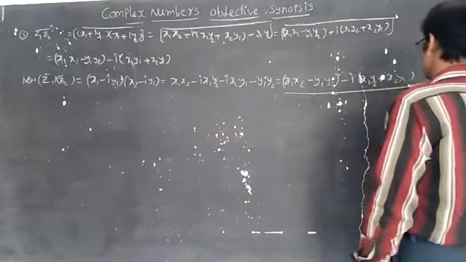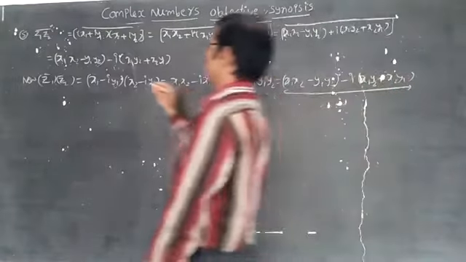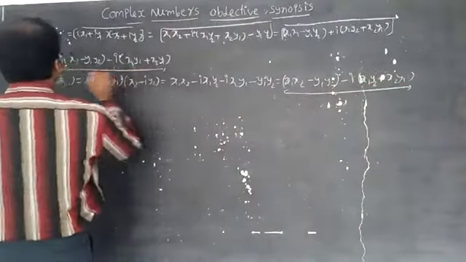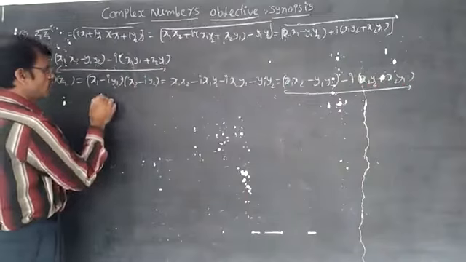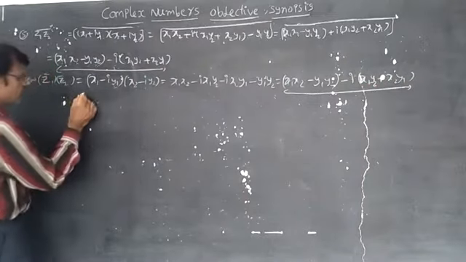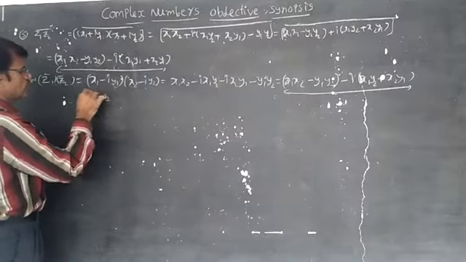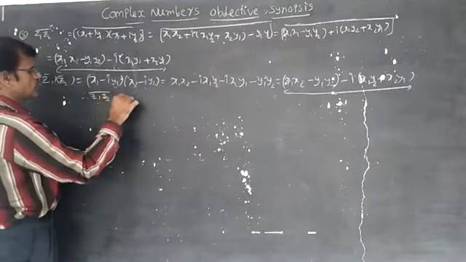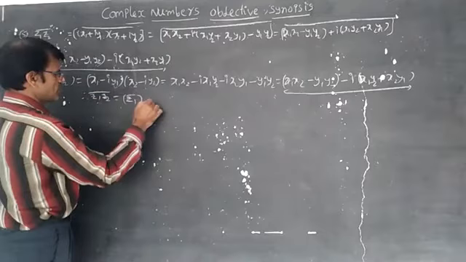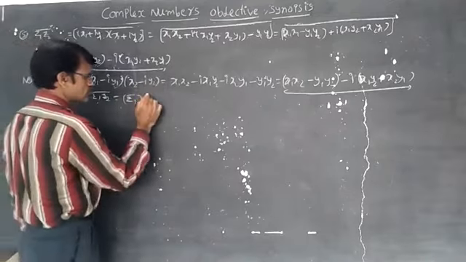Now underline this one, put an arrow mark and underline. What did you observe? Therefore you can conclude that z1 z2 whole bar is equal to z1 bar into z2 bar.